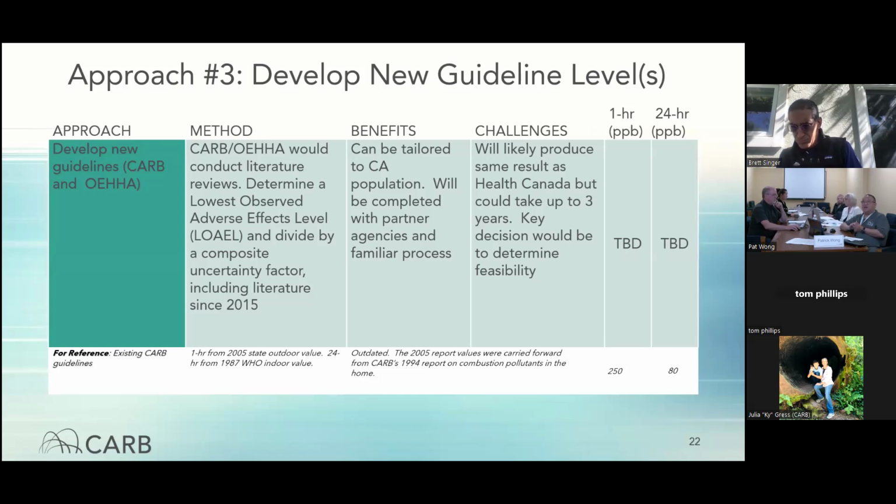How do you account for confounding effects of PM2.5 and co-generated byproducts? At least the first 2 approaches are using the studies that Health Canada used. For the short term, those were controlled exposure studies that they used to set what they call the point of departure, or where the lowest effect is seen.